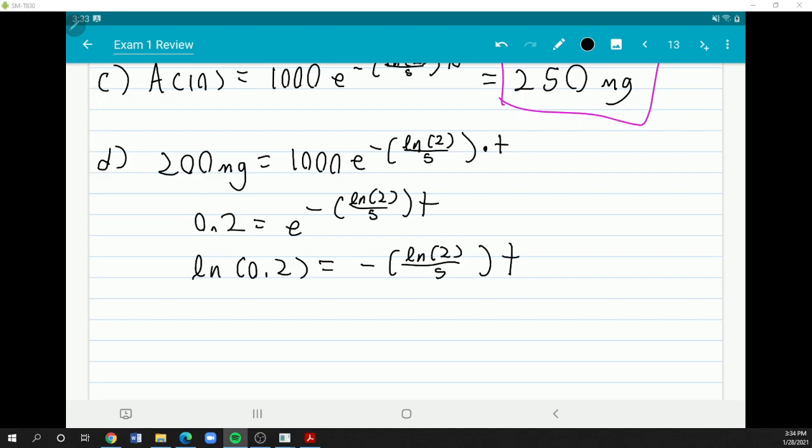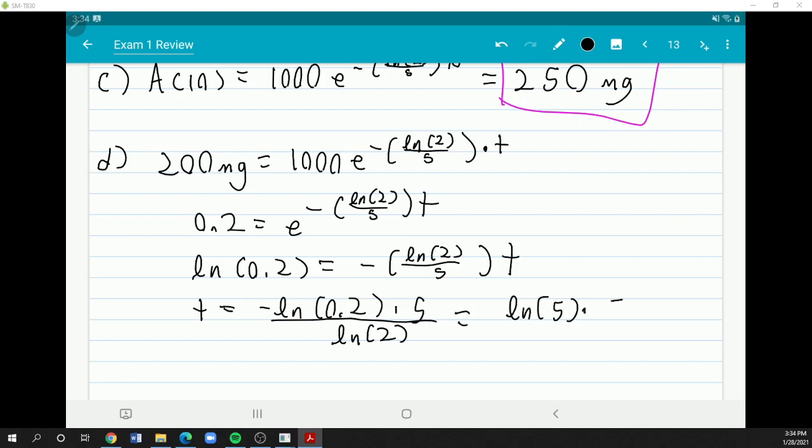Hey look, this looks familiar. Why is that? Because this is actually the same problem as part A. So t is minus log 0.2 times 5 over log 2, which is, you can check this, log of 5 times 5 over log 2.